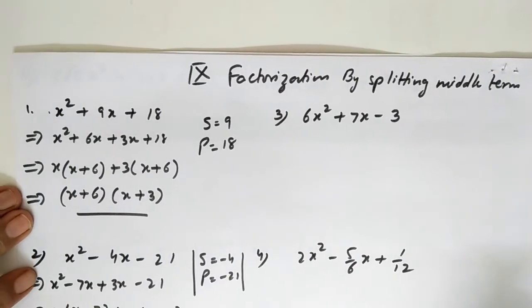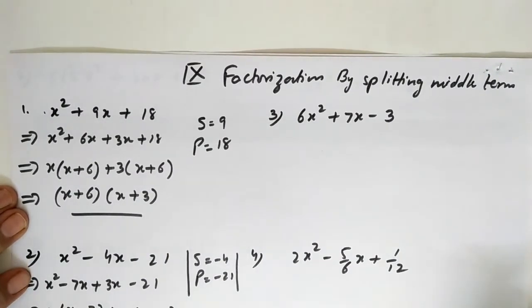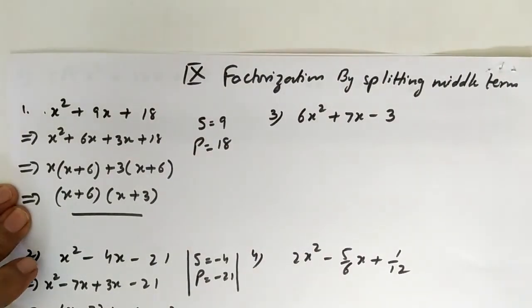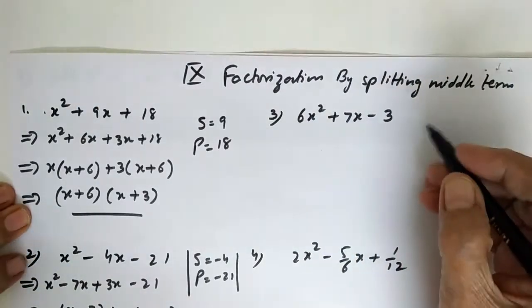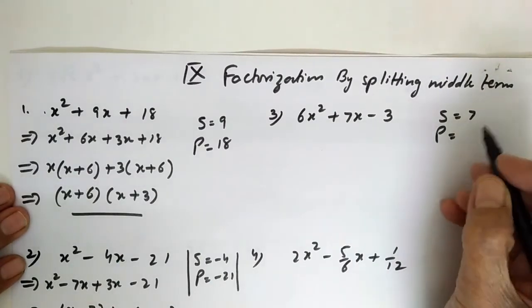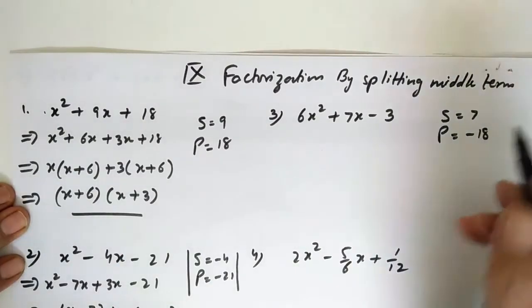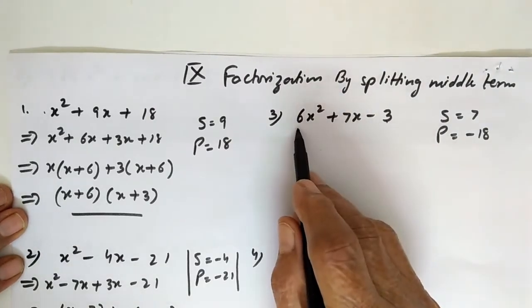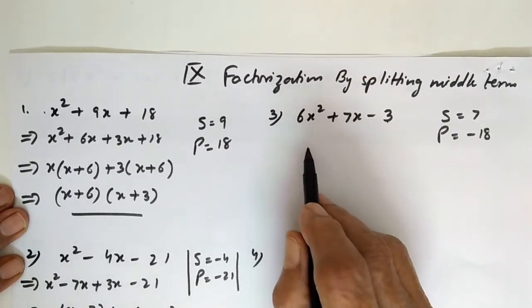Next, question number 3: 6x square plus 7x minus 3. Here sum should be 7 and product is minus 18. I just told you product should be the product of the constant term and the coefficient of x square.